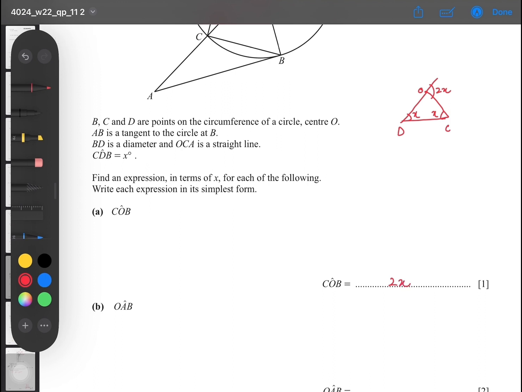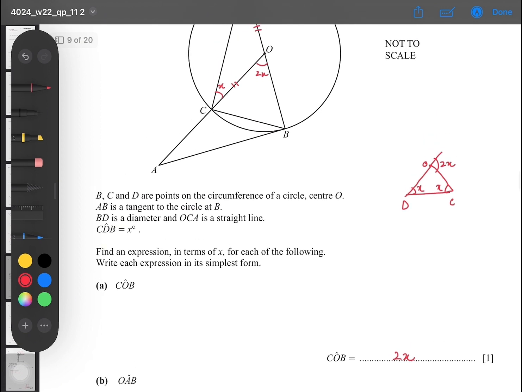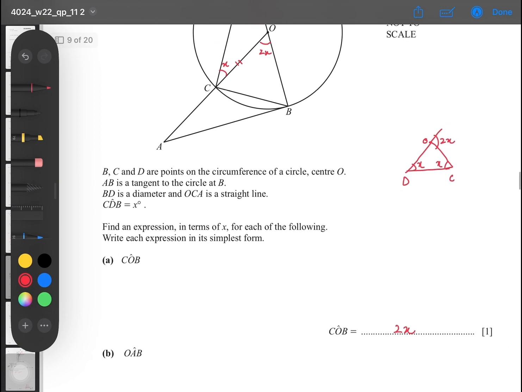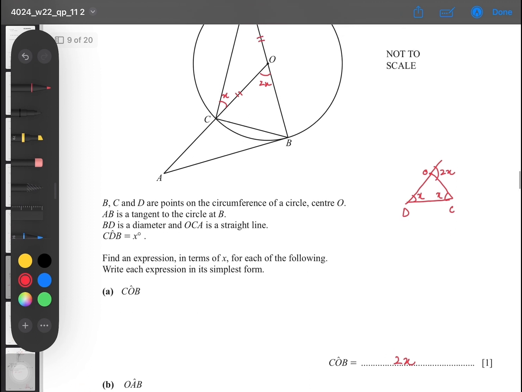Part B, angle OAB. So if we see the triangle OAB, AB is tangent on OB, so this angle is 90 degrees.